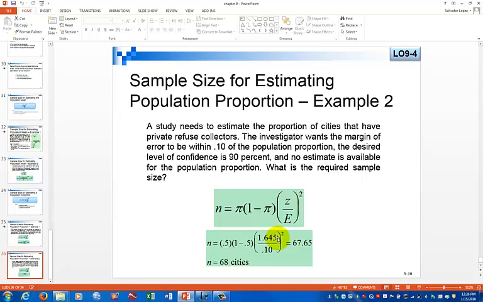So in your table, you need to look for the area between 0 and Z, which is half of 0.90, or 0.45. And you should be able to confirm that that's the value, 1.645. And divided by the error 0.10 squared, that gives you 67.65, or approximately 68 cities. That's the minimum sample size. And that'll be the end of section 4.